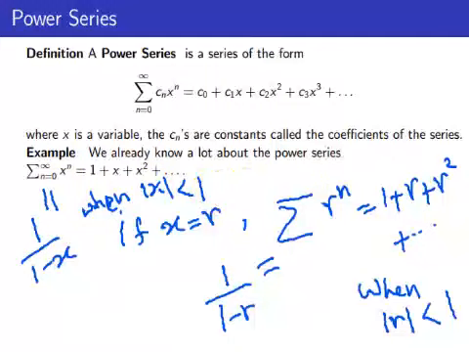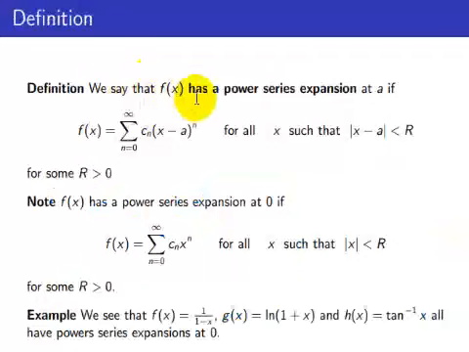The question now is, we are given a function f. Then we are going to find a power series such that f(x) is equal to a power series in x minus a.